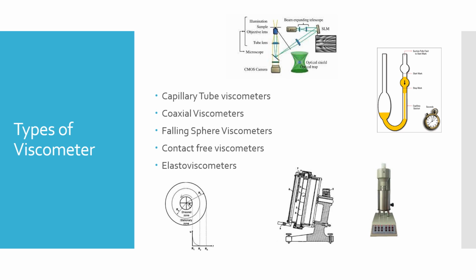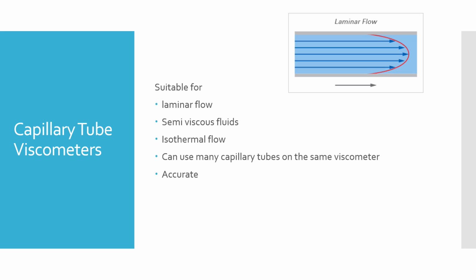But for this, we are going to be looking at capillary tube viscometers. The reasoning behind using capillary tube viscometers is that they're suitable for laminar flow, they're suitable for semi-viscous fluids, which are the fluids that we're going to be examining. They provide isothermal flow, and there's another few reasons there as well.